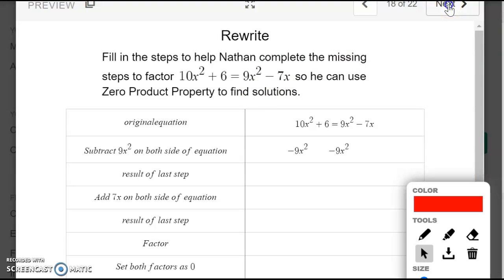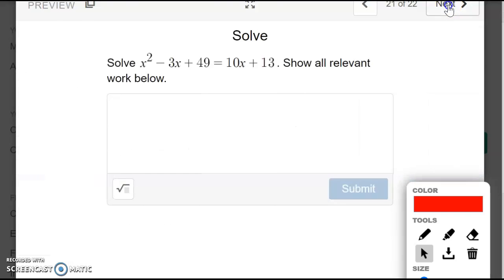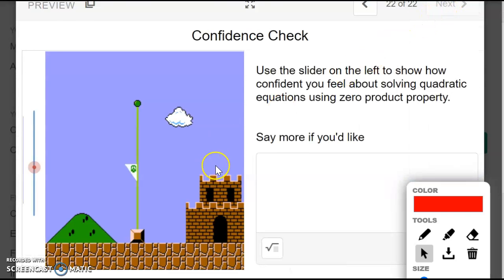So please try to do it yourself, and then finally you are going to do a quick reflection on how confident you feel about factoring and solving quadratic equations from today's lesson, and you're going to adjust that.